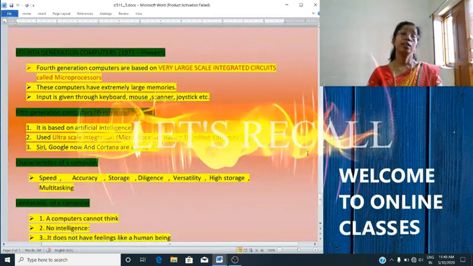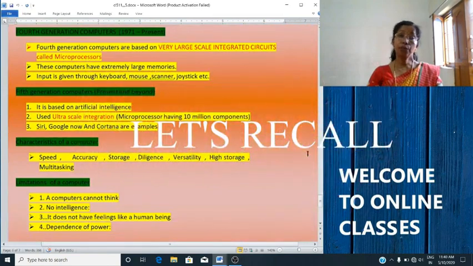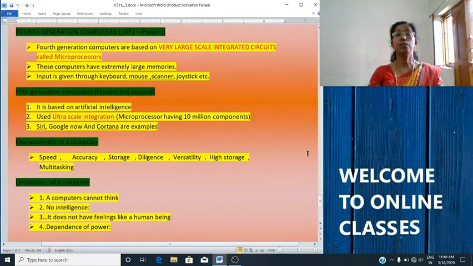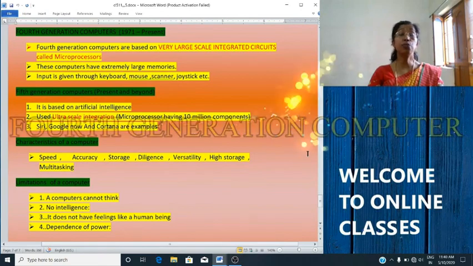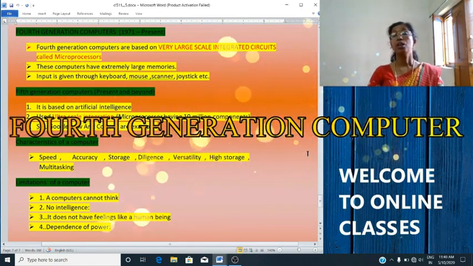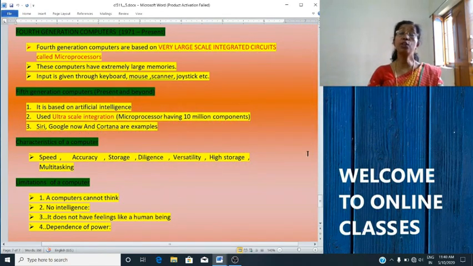Today, first we started with the fourth generation computers. Fourth generation computers was a period of 1971 onwards. It used the technology, very large scale integrated circuits called microprocessors.